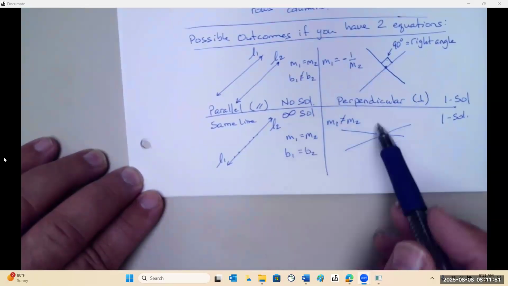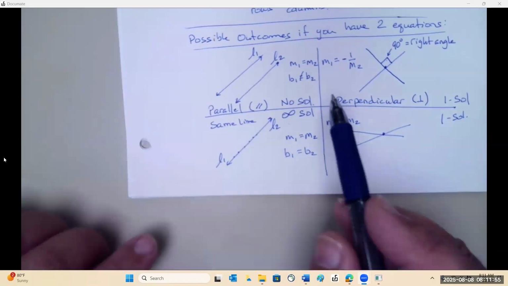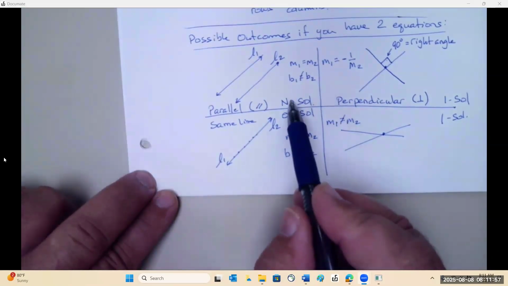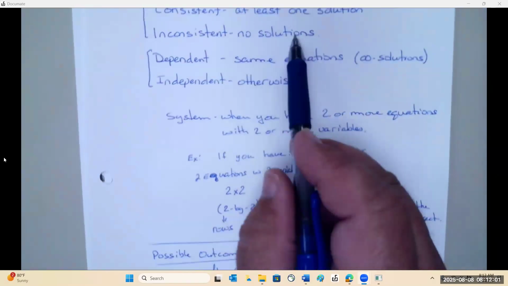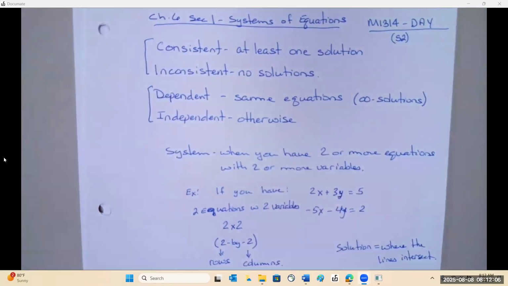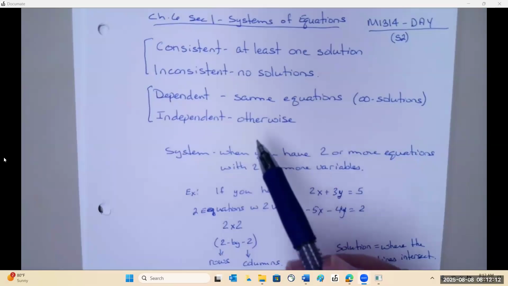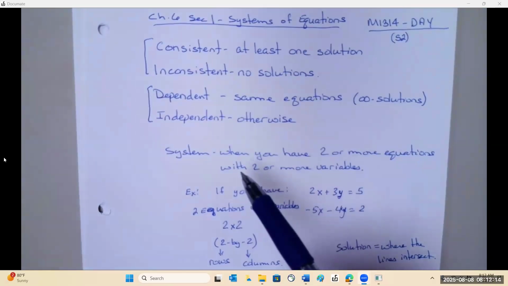These are examples of consistent systems. This is the only one that's inconsistent. Inconsistent means there are no solutions. So if they have at least one or more, then they're consistent. If they don't have any, they're inconsistent.